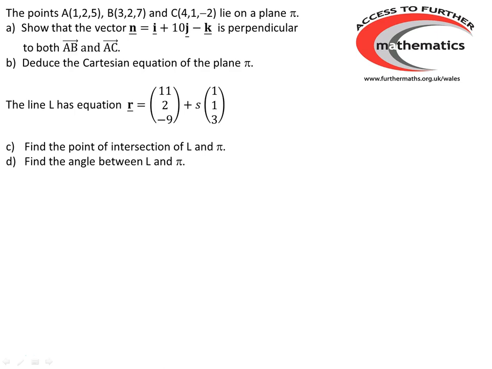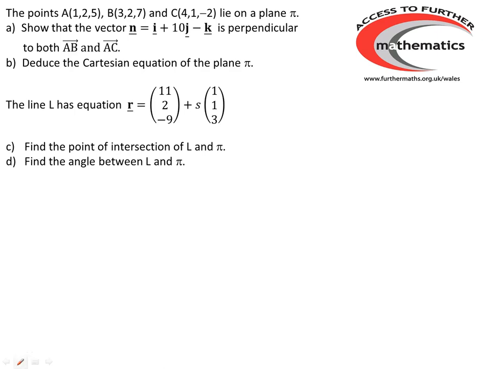And we first of all have to show that the vector i plus 10j minus k is perpendicular to AB and AC. Now again, we need to just remember that i is a shorthand for 1, 0, 0, j is a shorthand for 0, 1, 0, and k is a shorthand for the vector 0, 0, 1.